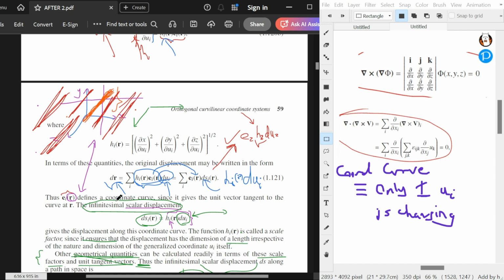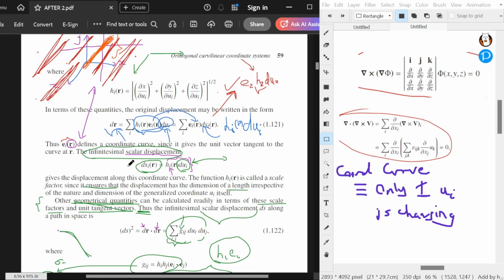It's called the infinitesimal scalar displacement. The function h_i is called a scale factor and ensures that the displacement has the dimension of a length, irrespective of the nature and dimension of u_i itself.